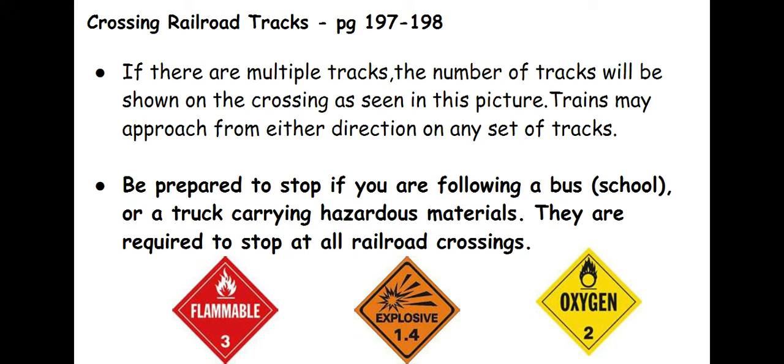The other thing we want to remind you of is that you will always be prepared to stop if you're following a school bus or a truck carrying hazardous material. All of these vehicles are required to stop and search and see that there is no train coming, even when there is no gate down.